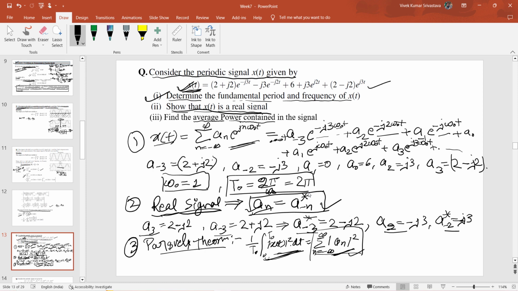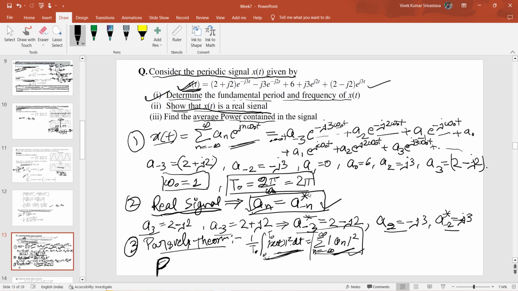So basically this average power will be equal to mod a of minus 3 squared plus mod a of minus 2 squared plus mod a of 0 squared plus mod a of 2 squared plus mod a of 3 squared.